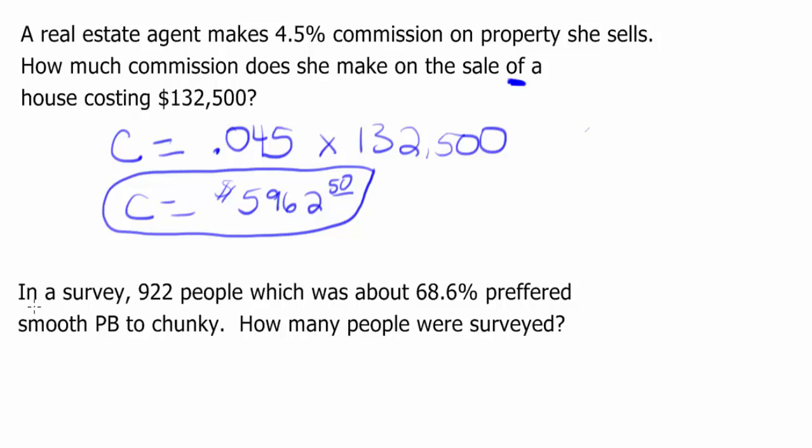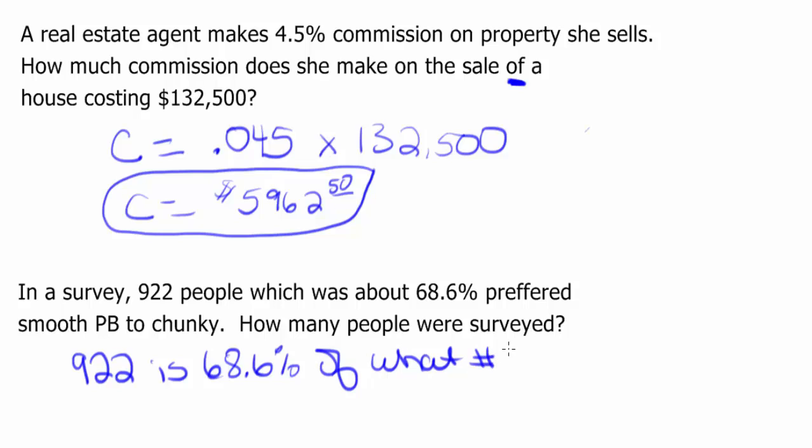Okay. The next one, in a survey, 922 people, which was about 68.6%, preferred smooth peanut butter to chunky. How many people were surveyed? So what this is saying is 922 is 68.6% of what number?